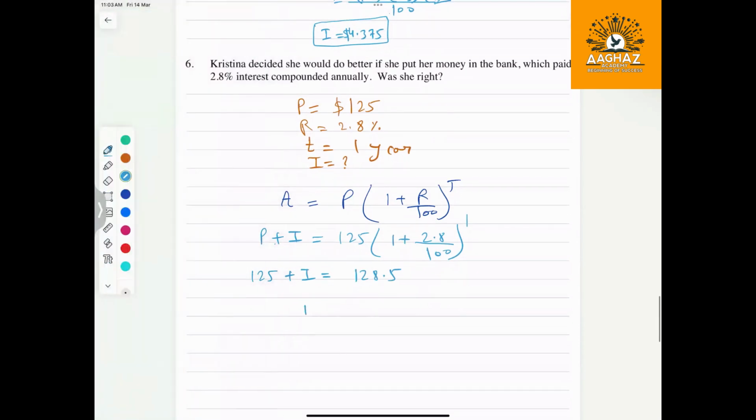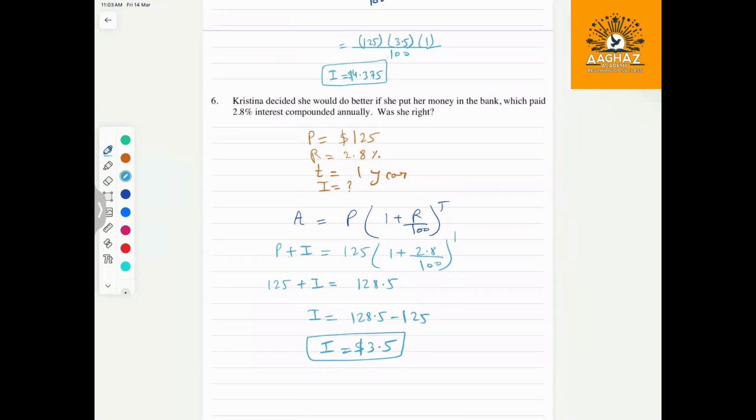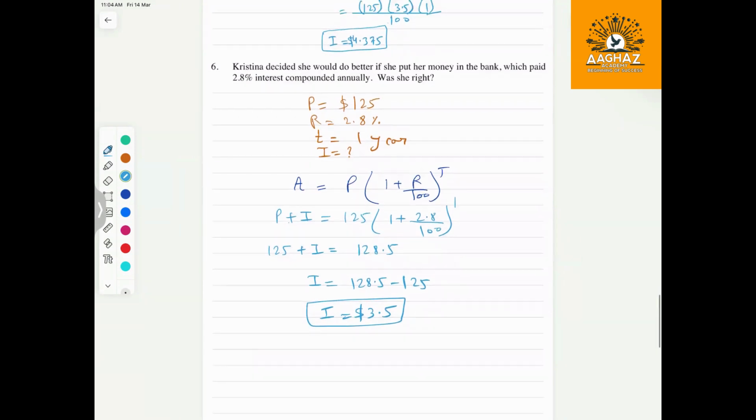And now to find the I value, 125 goes to the other side and becomes negative. So the answer is $3.5. Okay. Now you can see, was she right? No, she is not right. Because with the help of compound interest, she gets $3.5 interest. Actually, compound interest has more benefit when it runs for more than 1 year, I mean for a long time.